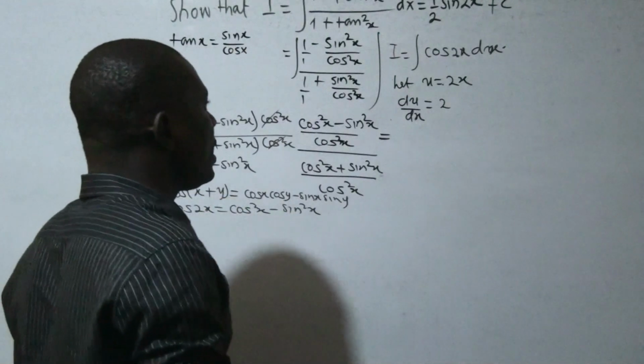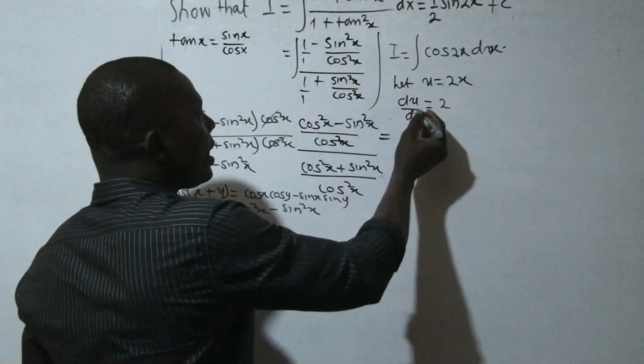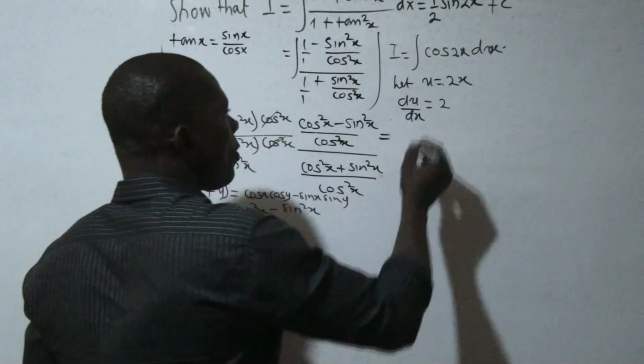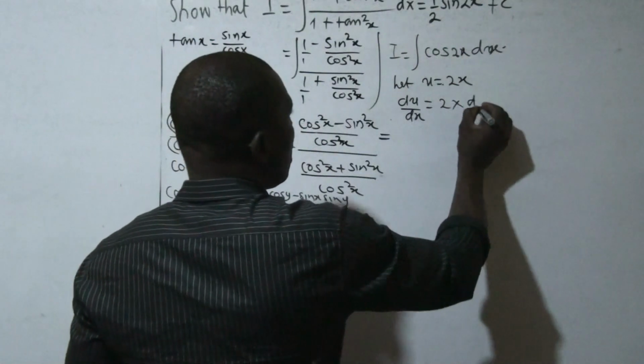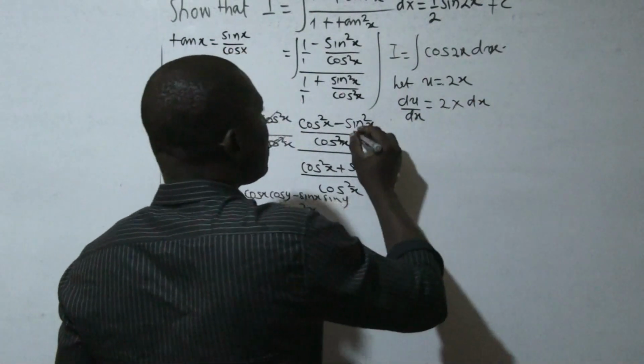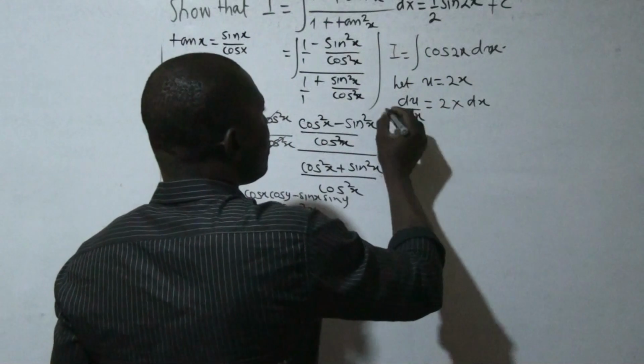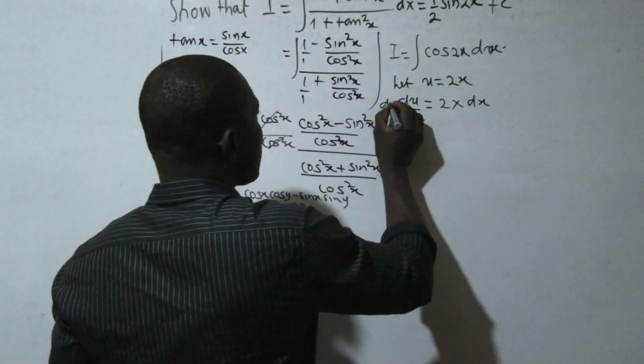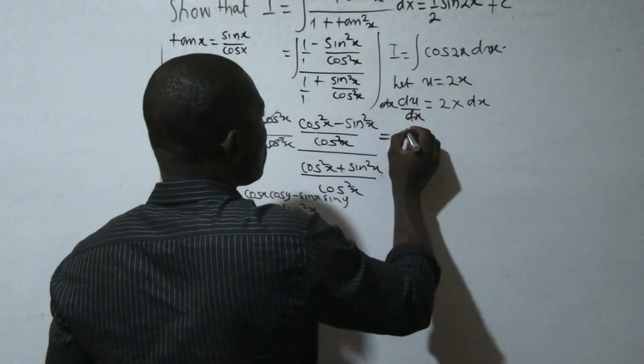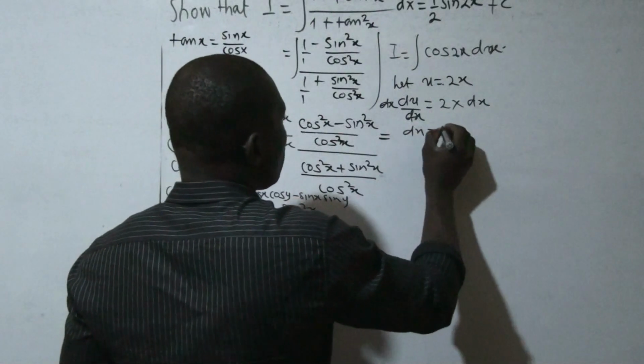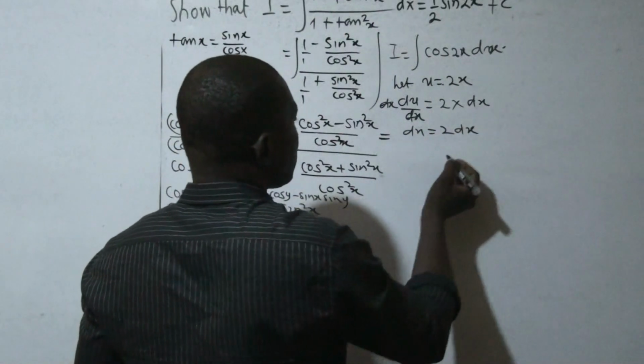The next step is we make dx the subject of the relation by multiplying both sides by dx first, so that we have du is equal to 2 dx.